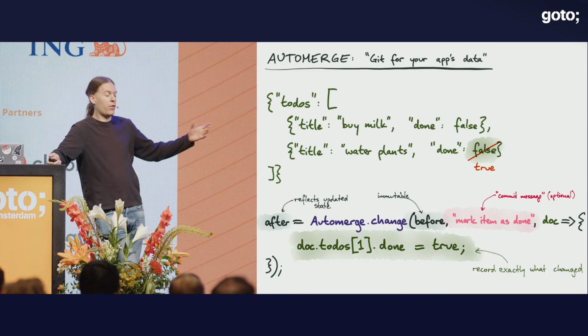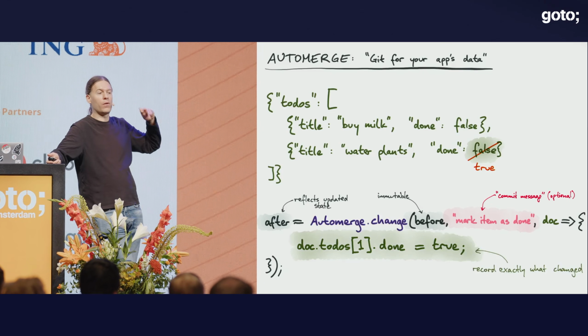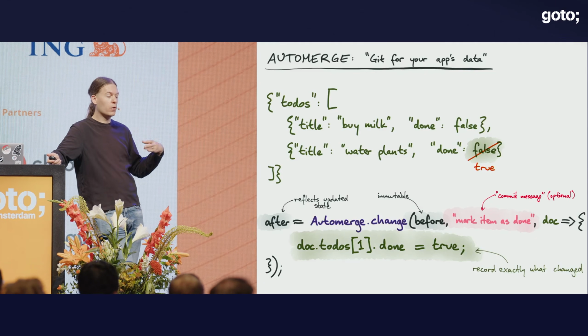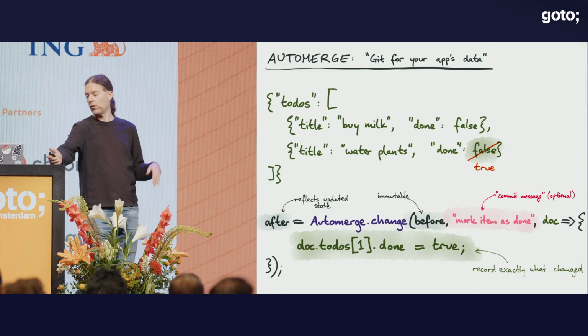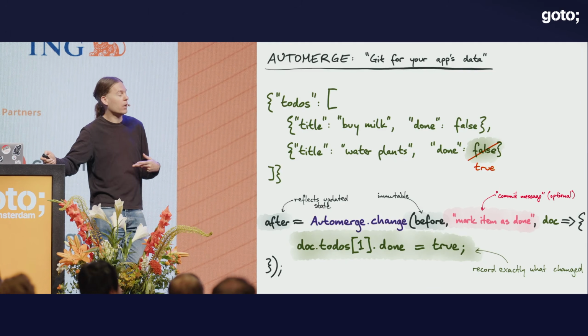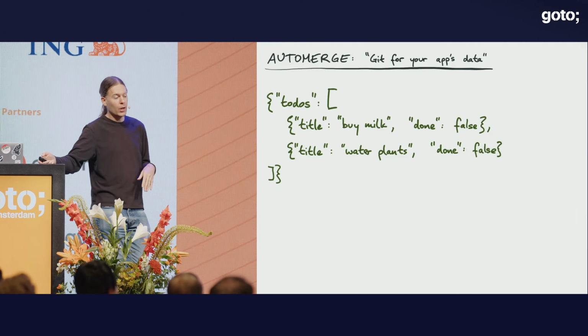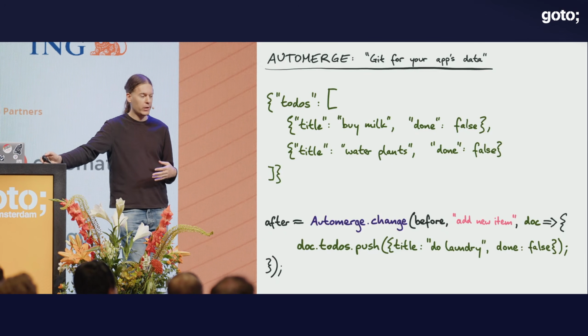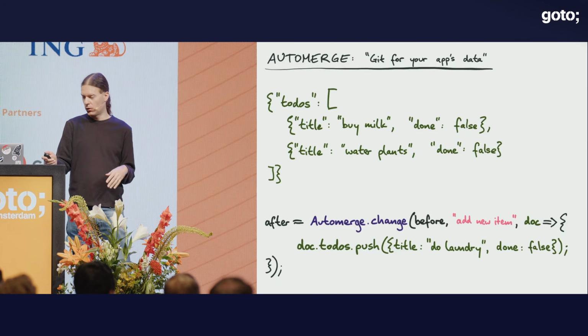And then inside this callback, as I said, you have this mutation API that you can use to describe in what way you want this JSON object to change. So this is one way you might update the document, by setting the done field to true. Another thing that you might do to the same document is to add a new item to the to-do list.